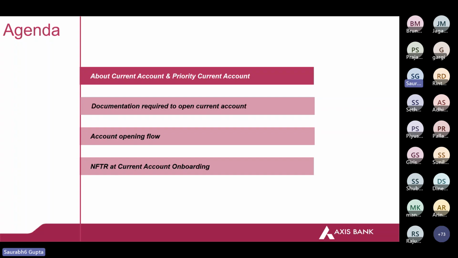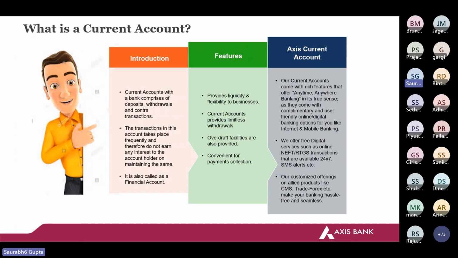So I'll start with what is the current account. A current account is a financial account of any entity. There are frequent transactions happening in a current account, which is why it doesn't earn any interest for the stakeholders. A current account provides liquidity and flexibility to businesses. It comes with limitless withdrawals, cash deposit facilities, and so on.